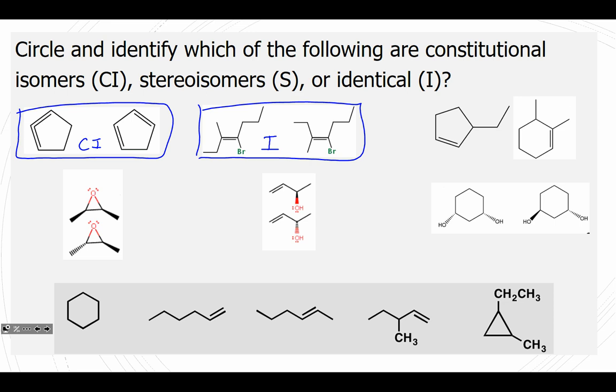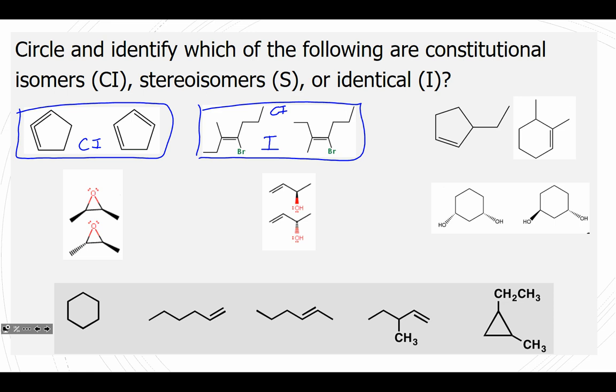They're both the same. Now, we haven't learned them, but these are enantiomers of each other. They're mirror images to a point. So we are going to just call them identical, or you could also call them constitutional isomers because they'll have the same molecular formula, right?